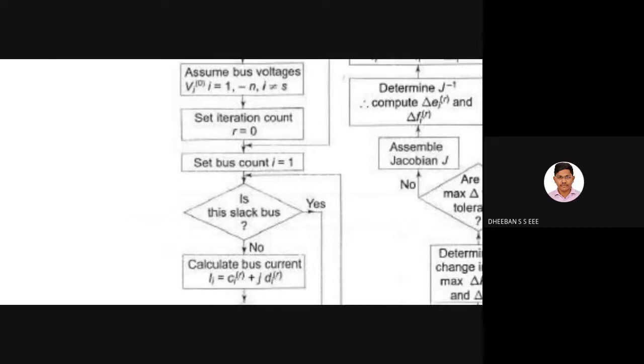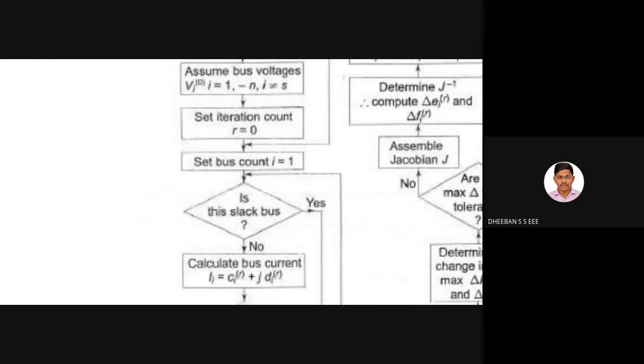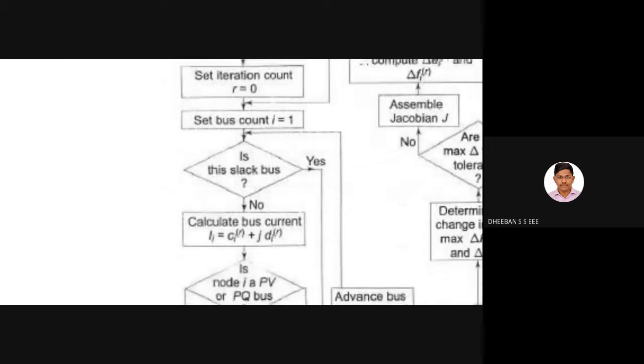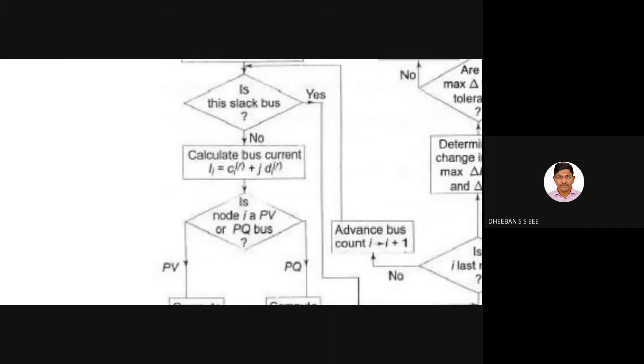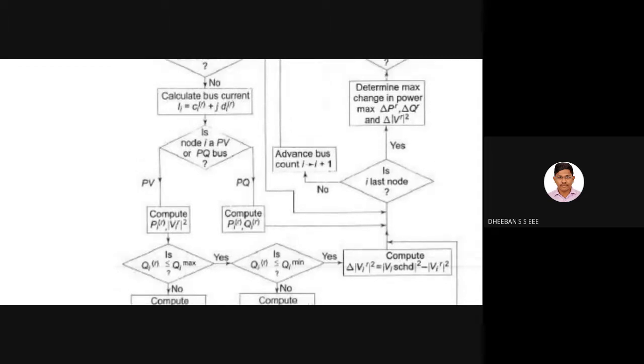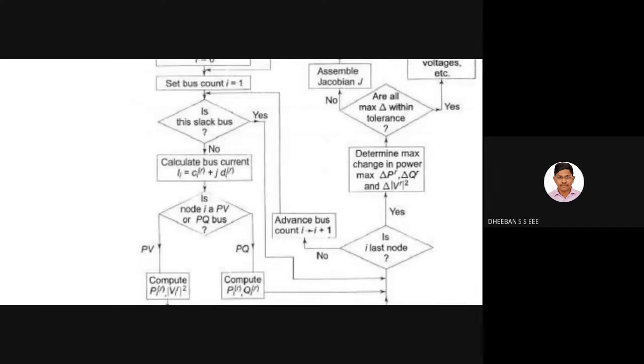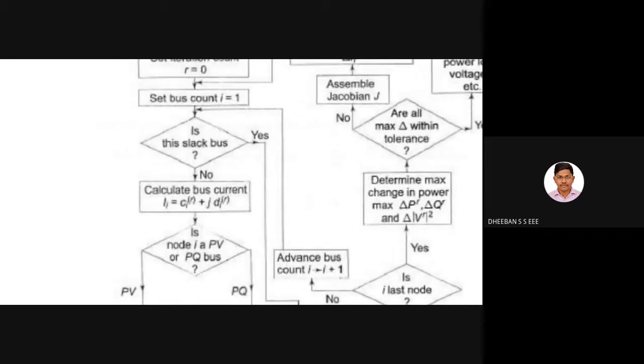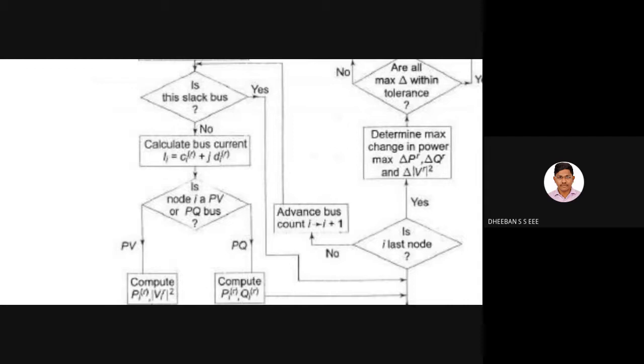After that, you will be starting with the bus count. Bus count you will start with 1, but if it is a slack bus, you'll just skip out to the next node. Otherwise, if it is not a slack bus, you will be calculating the current for that particular bus.